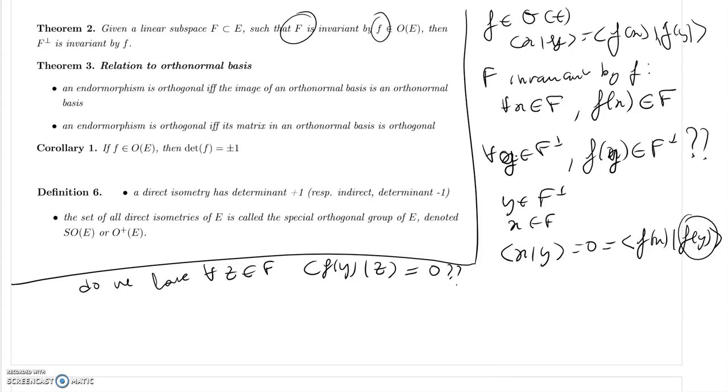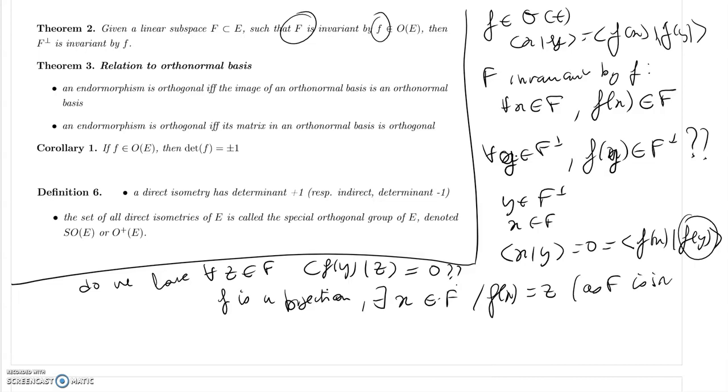As we've already shown, f is a bijection, so f⁻¹ exists. So there exists x such that x belongs to F with f(x) equal to z, because the big F is invariant by f.